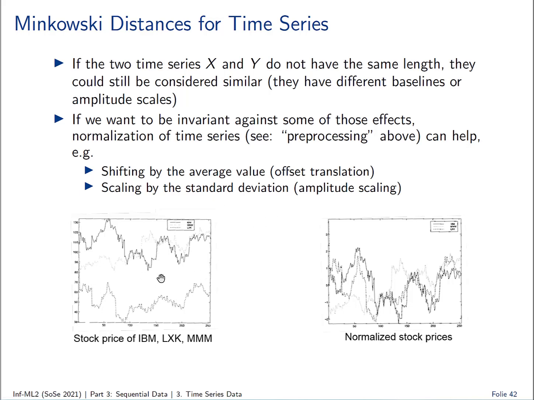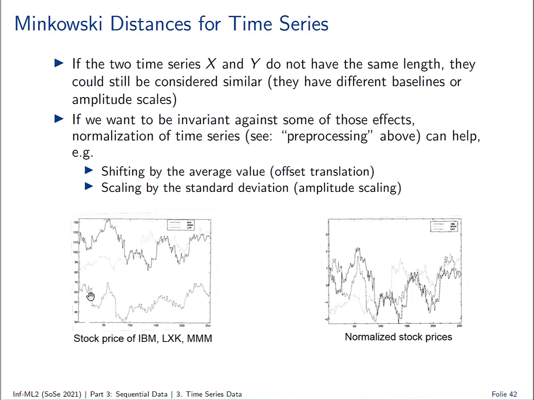You have three stock price time series from three different companies here. If you just take this one here and this one down here, they seem to have pretty much the same shape, but of course they have different amplitude scales.